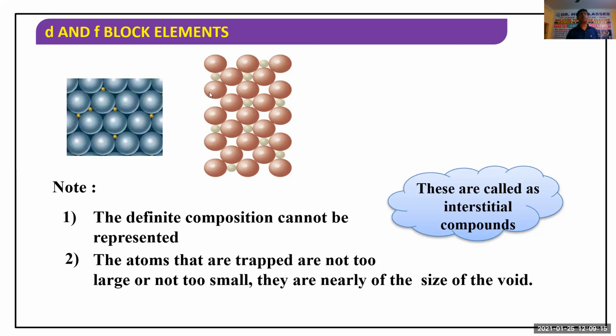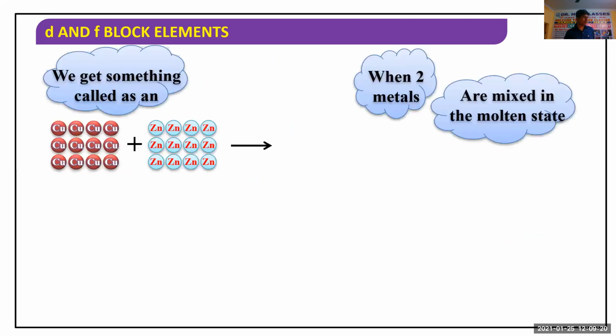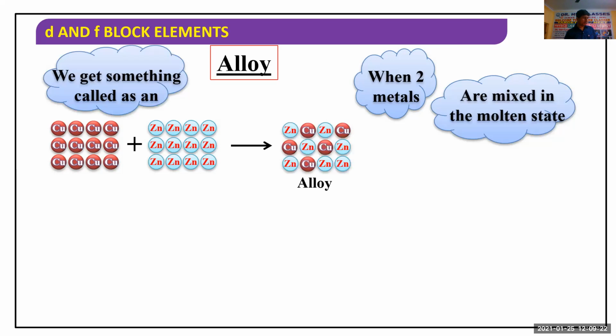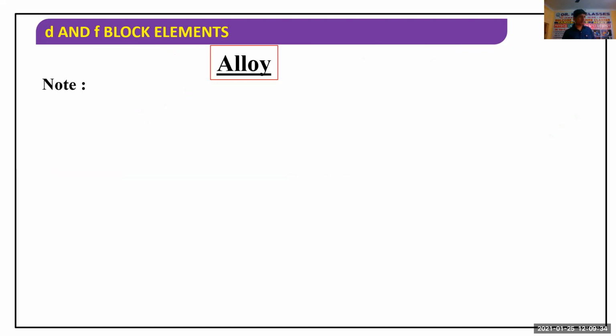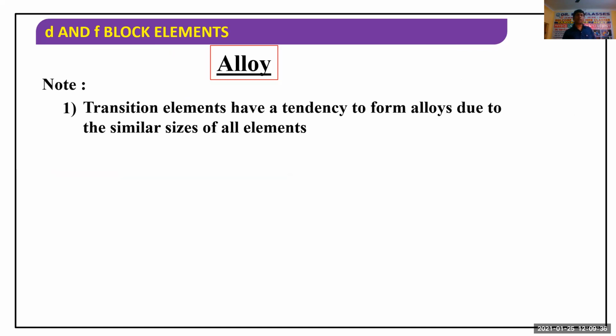This void can be filled up by foreign elements, like copper, zinc, copper, zinc, and two metals form an alloy in the mixed molten state. When it is mixed in the molten state, if an interstitial position is vacant or the other element can occupy it, then it is known as impurity or interstitial position.